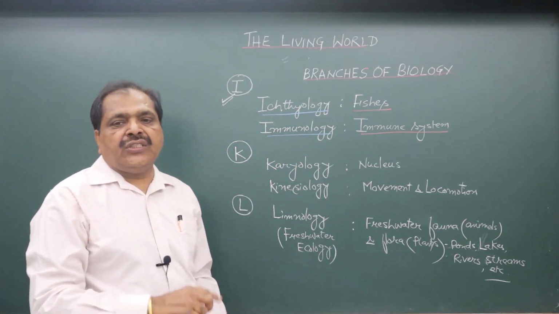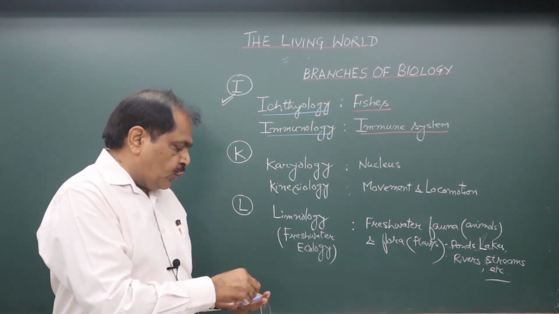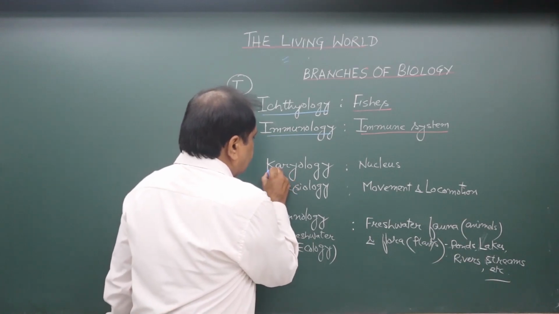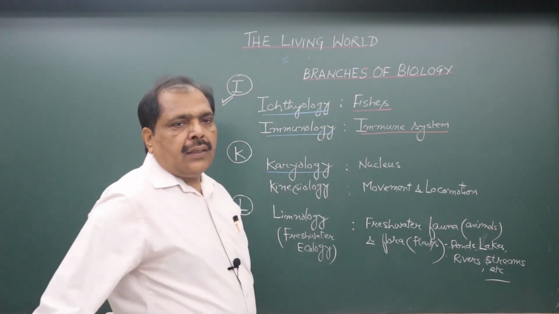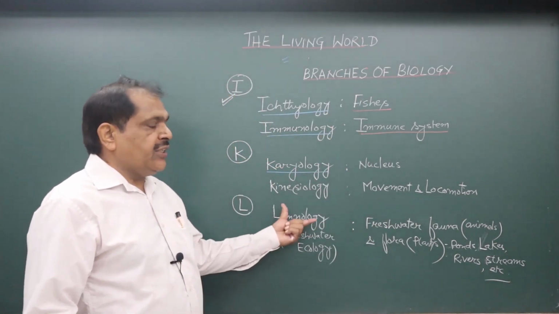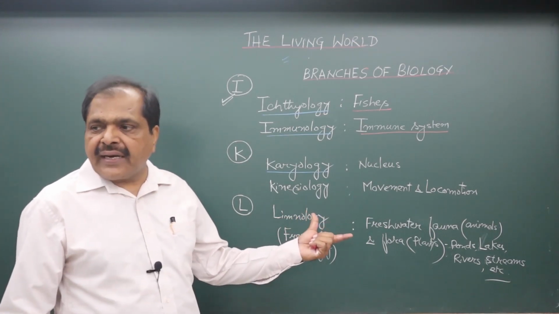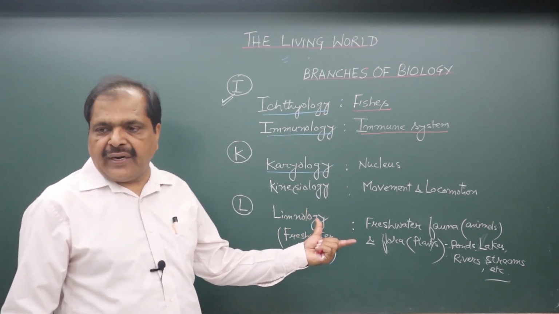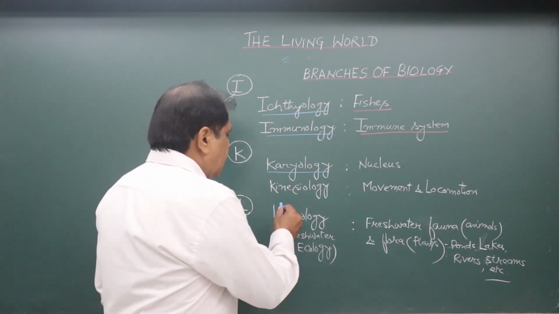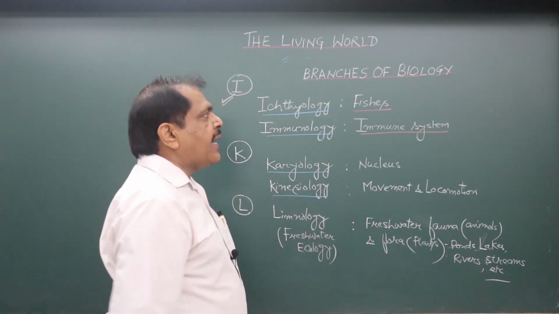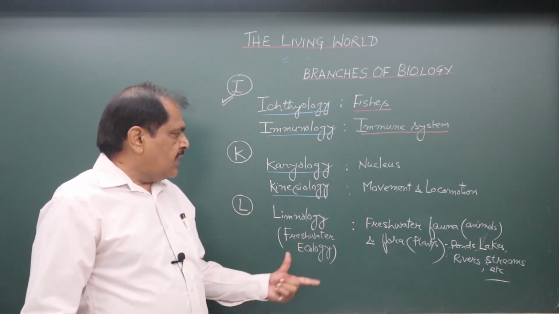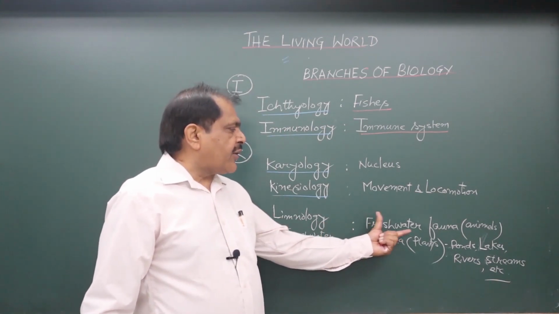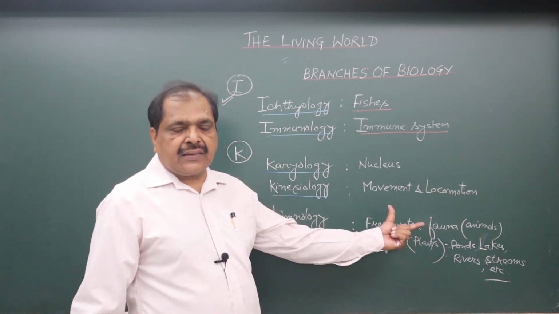Then comes karyology, karyon. It is the study of nucleus. Then comes kinesiology. It is the study of movement and locomotion of the body. Then comes limnology. It is the study of freshwater fauna. Fauna means animals.